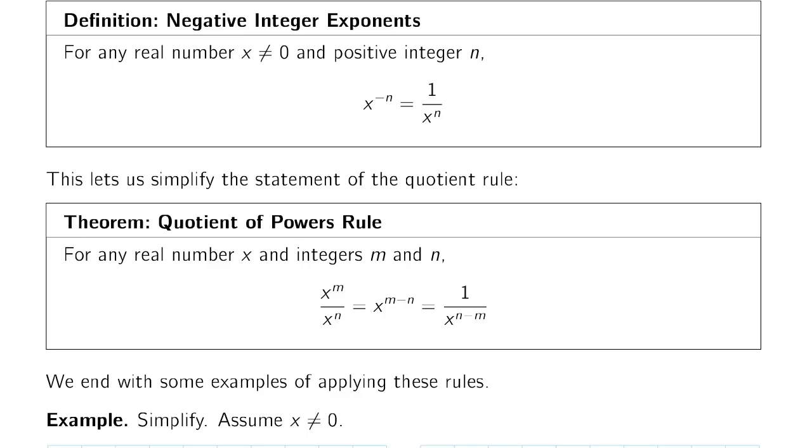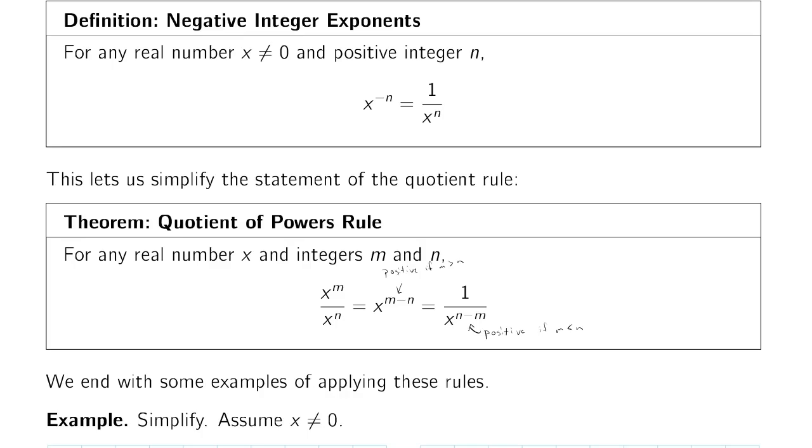For any integers m and n, x to the m over x to the n is always equal to x to the m minus n, which is a positive number if m is greater than n. And it's also always equal to 1 over x to the n minus m, which is a positive number if m is less than n.